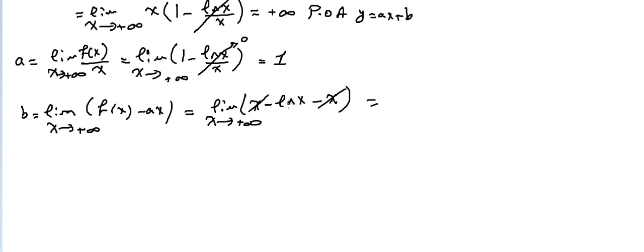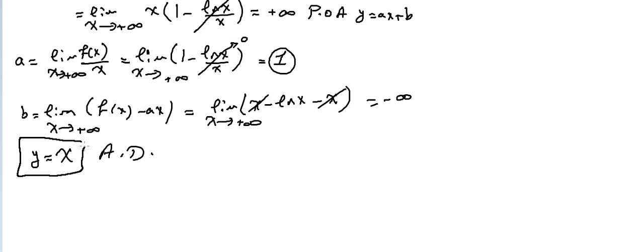We substitute infinity: minus ln infinity is minus infinity. If b is infinity, then y equals ax, and a is 1, so y equals x is an asymptotic direction. The curve is parallel at infinity to y equals x, as if it's running away from it, not approaching it.